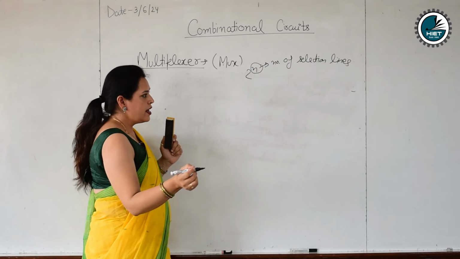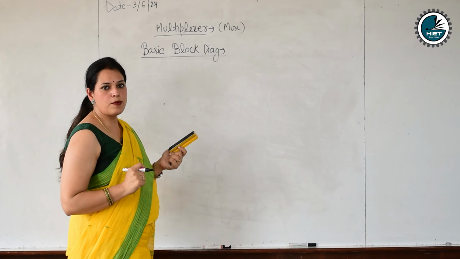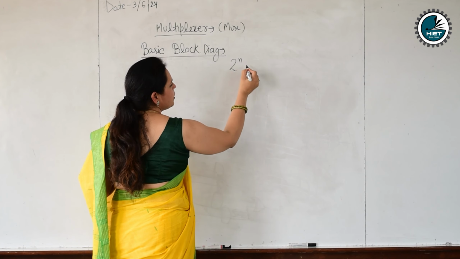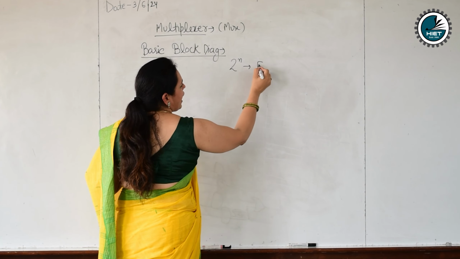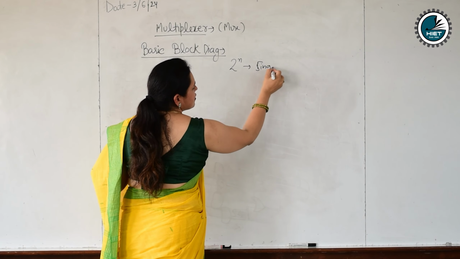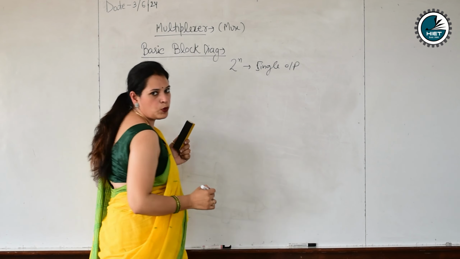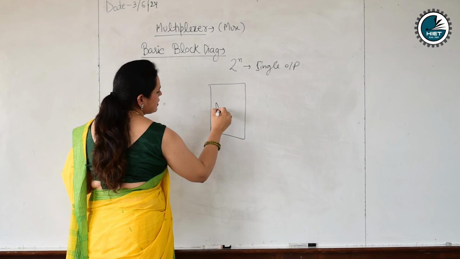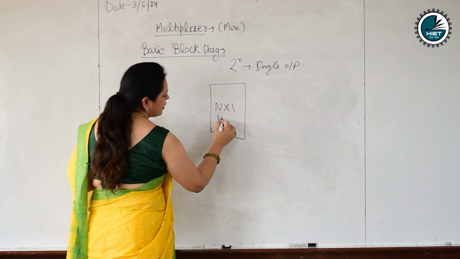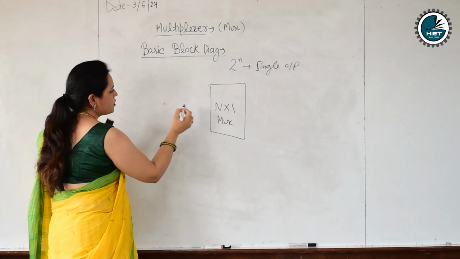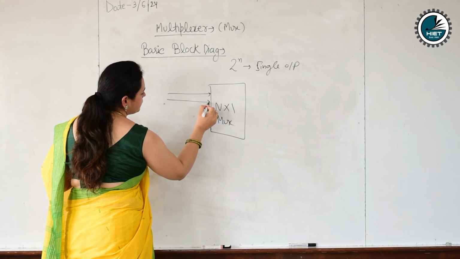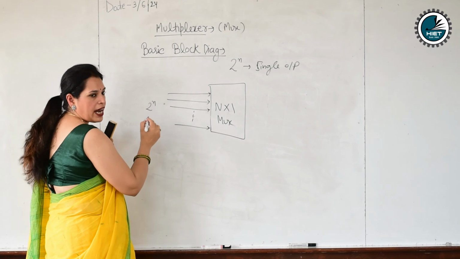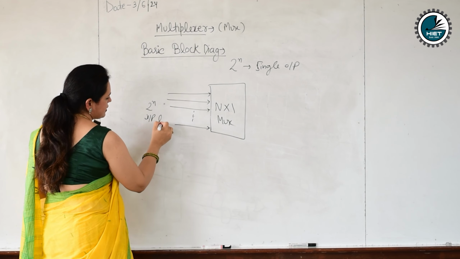Now come to the basic block diagram of the multiplexer. In this we have to use 2 to the power n input lines and a single output line. So this is our mux. This is a 2 to the power n cross 1 mux. How many input lines? These are the 2 to the power n input lines.